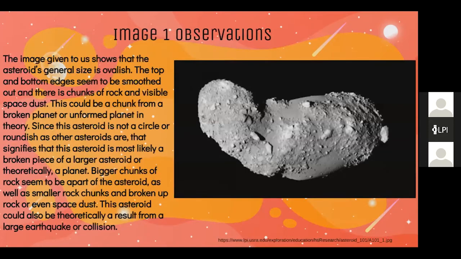In image 1, it's not a definite circle. It's more like an oval-shaped image, and when I was looking at this image, the top and bottom, towards the middle, are kind of smoothed out.